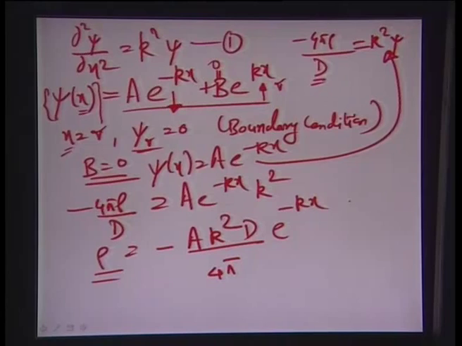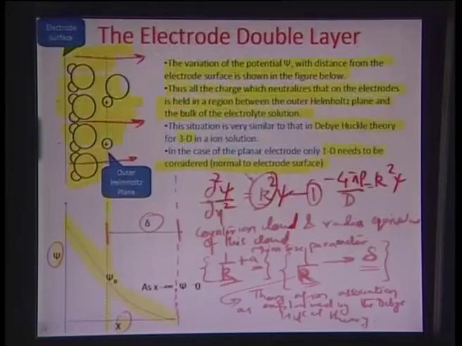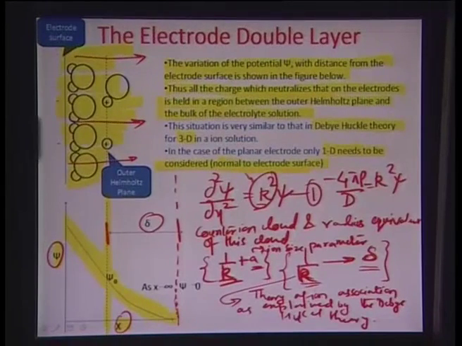So, let the charge density on the surface of the electrode be sigma. We are making a presumption here that because we are talking about an electrode surface, the dynamics of the charge density in the bulk layer or the outer Helmholtz plane is really driven by the amount of charge density on the surface of the electrode.